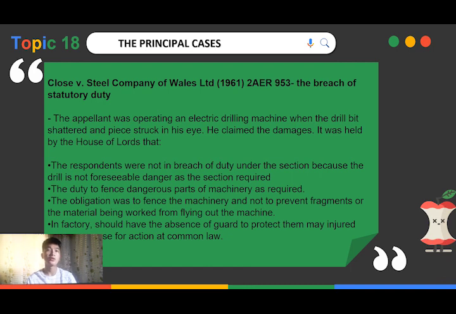Also, the company should assure their workers that the machineries or the equipment are safe to use for their workers. So all of these principal cases are appointed in the Court of Appeal.